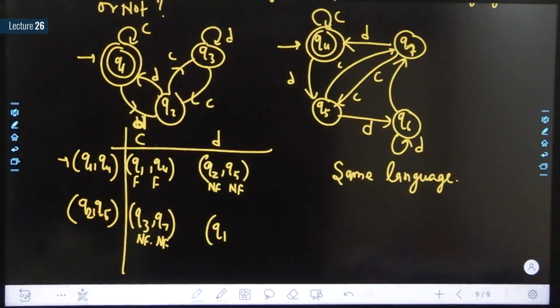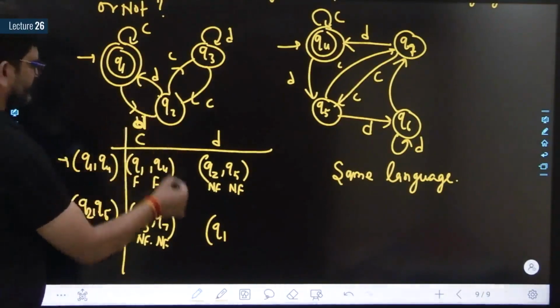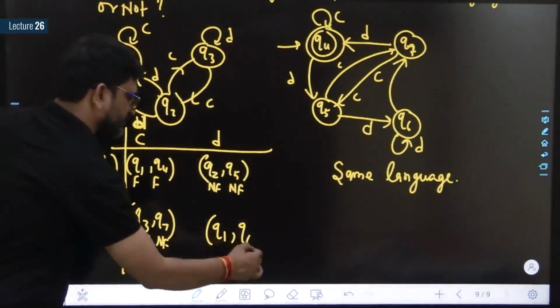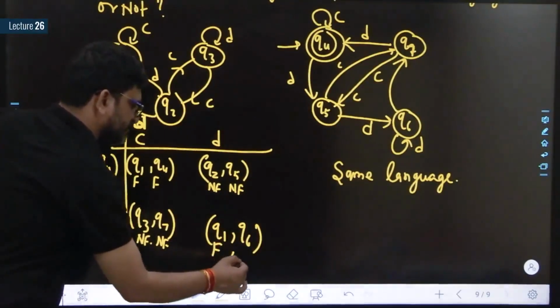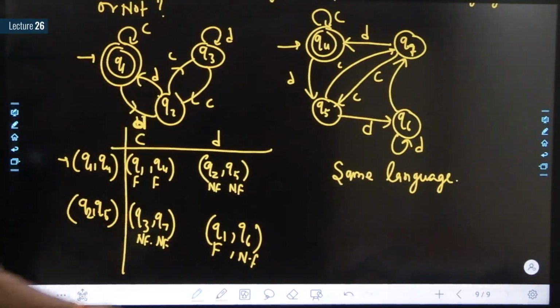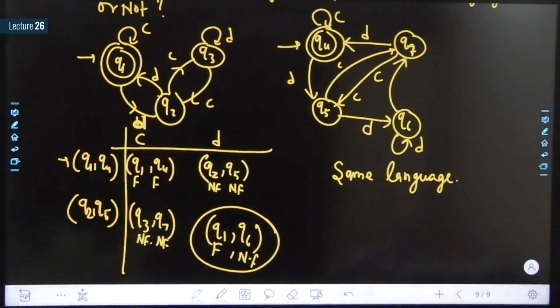This one is D. Q2 on D, Q1; Q5 on D, Q6. This is final, this is not final. Stop here. This is a distinguishable pair.